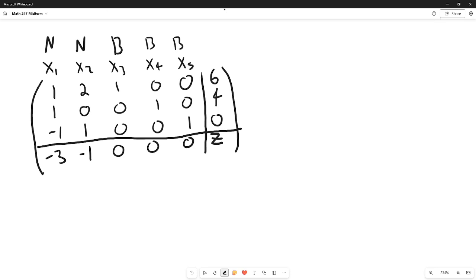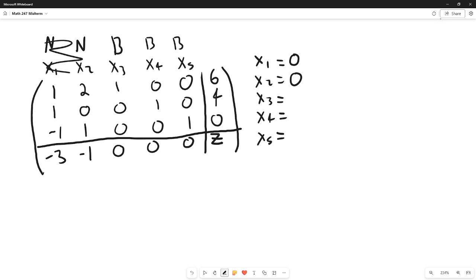To find a solution, we identify the variables: x2, x3, x4, x5. We're going to set the non-basic variables equal to 0. So x1 is 0, x2 is 0. So we're kind of cutting this portion out.